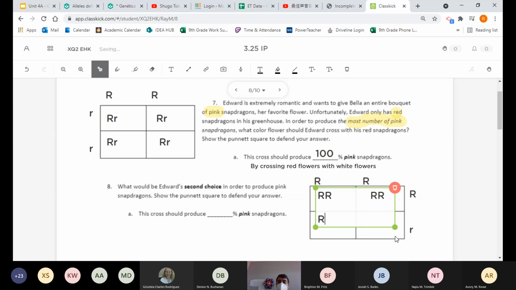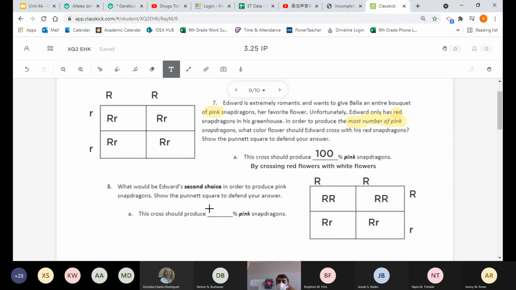Those are both red. And then here, these are both pink. So this would give him 50% pink snapdragons. Now, again, in this universe, Edward should probably just give Bella the pink snapdragons that he would use to cross. But, you know, for the sake of filling this out, we'll just say that. Very good. Thank you, Josiah.